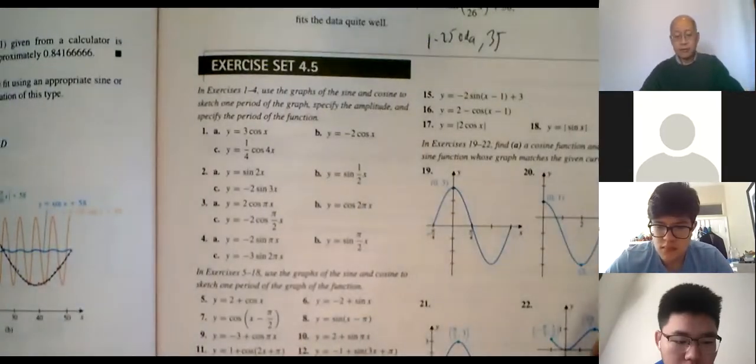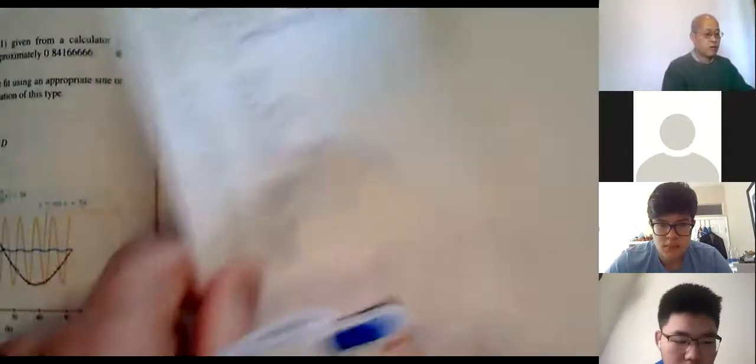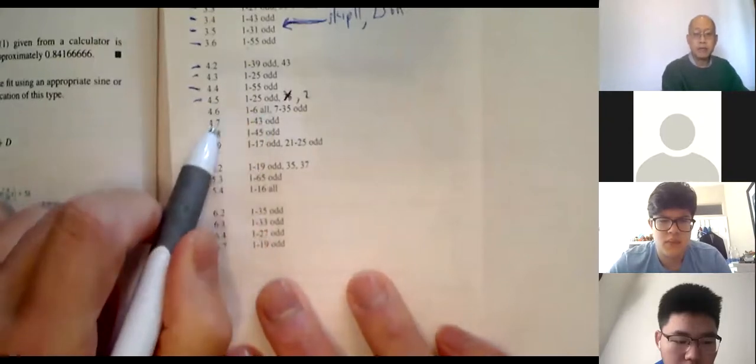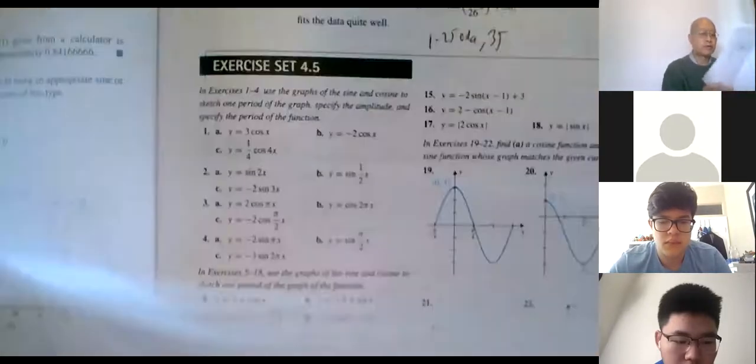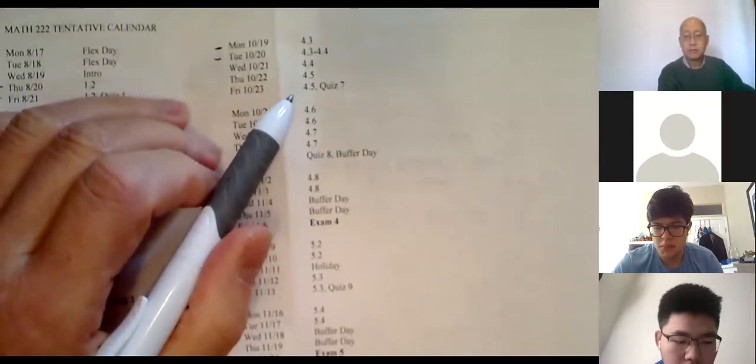Okay, but I was going to save that for tomorrow. Otherwise, I'm pretty close to being done with even 4.5. Okay, so it looks like for 4.5, I was almost done, except I'll do one more, and then I'm ready to start 4.6, unless you have questions about anything. Okay, and I was only supposed to finish 4.5 this week.